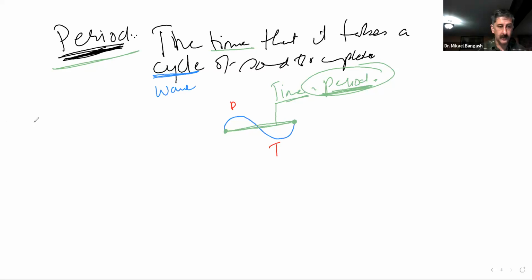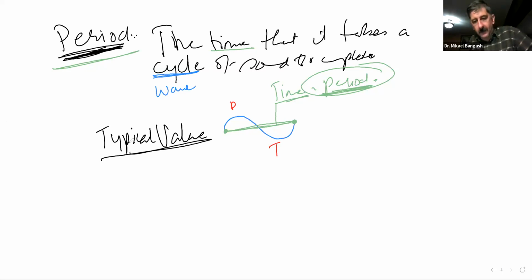Now, guys, you're getting to an interesting fellow, because that's going to be the typical value. One reason that we call it ultrasound is mainly because it's going to be cycles that take a very, very small time to complete.